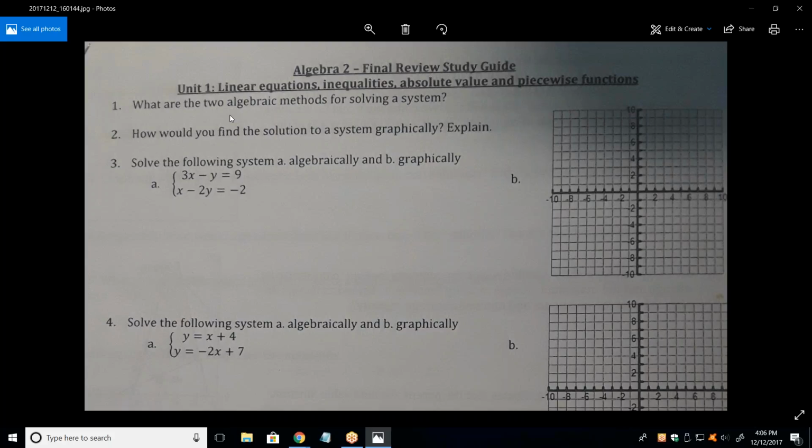We'll do elimination with number 3. But those are your two primary means of solving a system of two equations. Or three. If you had three equations and three variables, you would still have two methods. You could either use substitution or elimination. Actually, a third method is graphing.